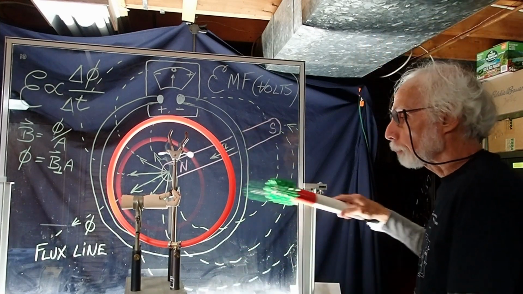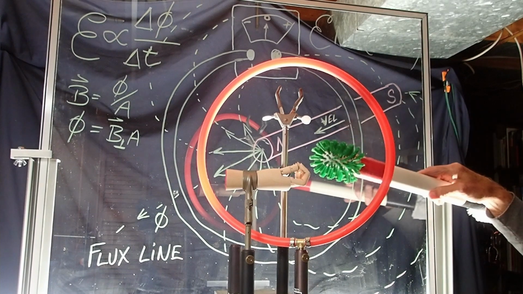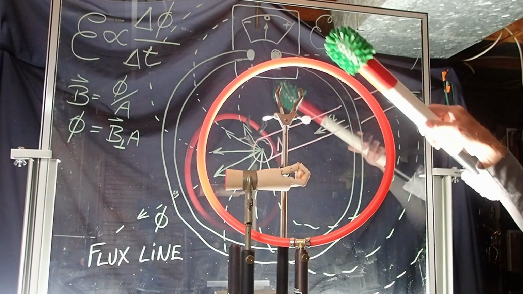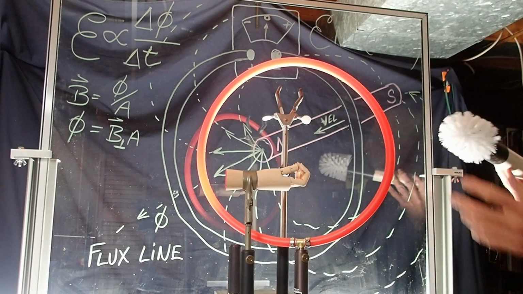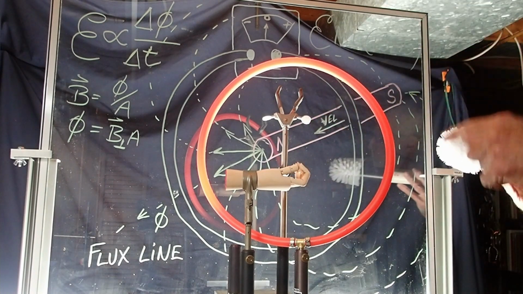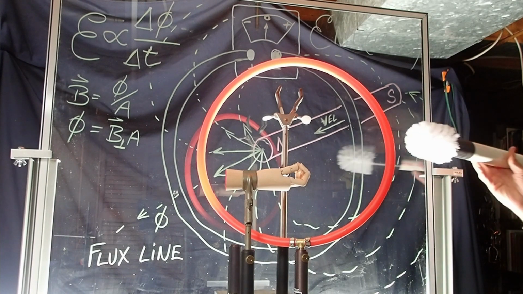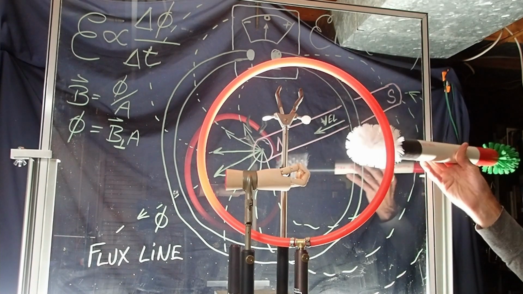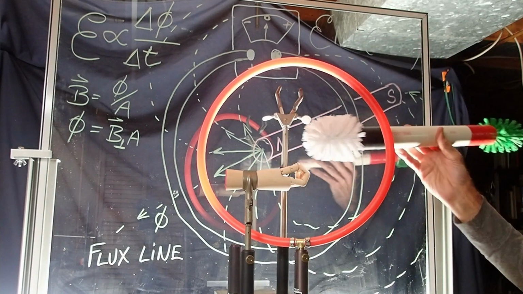And so as it comes in here, we're increasing the number of positive flux lines. So delta phi delta t would be positive. If I turn this around, these are flux lines heading towards the south pole of the magnet. So in fact, I am bringing in here lines that point the other way. So that would be a negative rate of change.